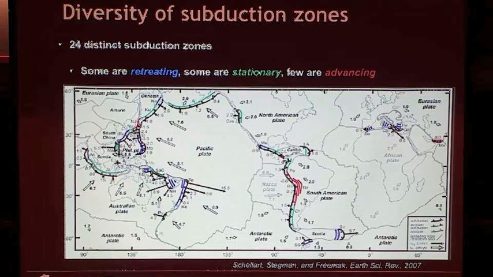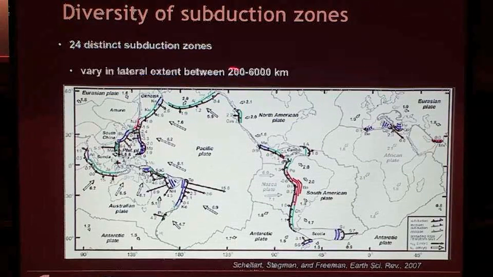So one thing that we found is critically important is the width. This is about 6,000 kilometers in lateral extent. 6,000 kilometers, very wide plate, and we have little tiny ones over here that are only about 200 kilometers. And so they tend to have different dynamics.